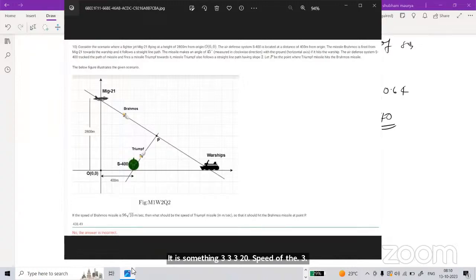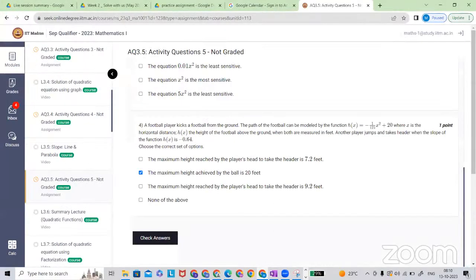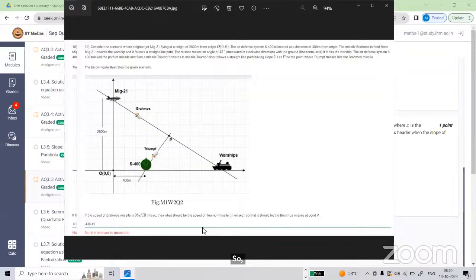Here they have given the points, like MEC 21, they have given 0, 2,800.